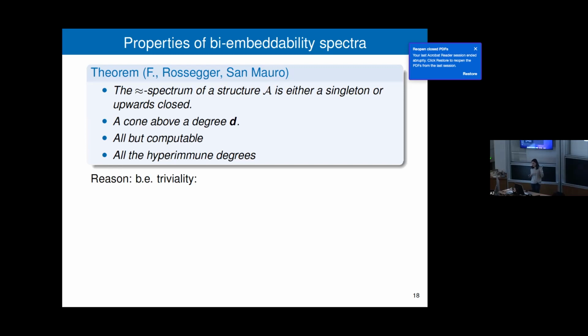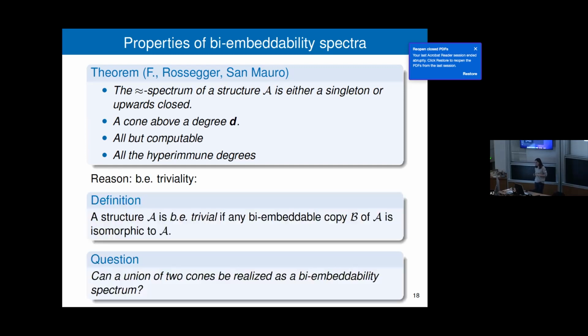The reason is what we call BE triviality, bi-embeddable triviality, in the following sense: for the above mentioned examples, all bi-embeddable structures are actually isomorphic.